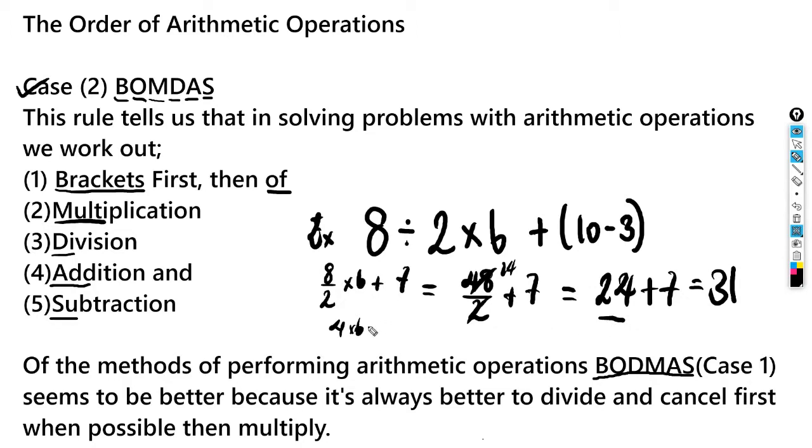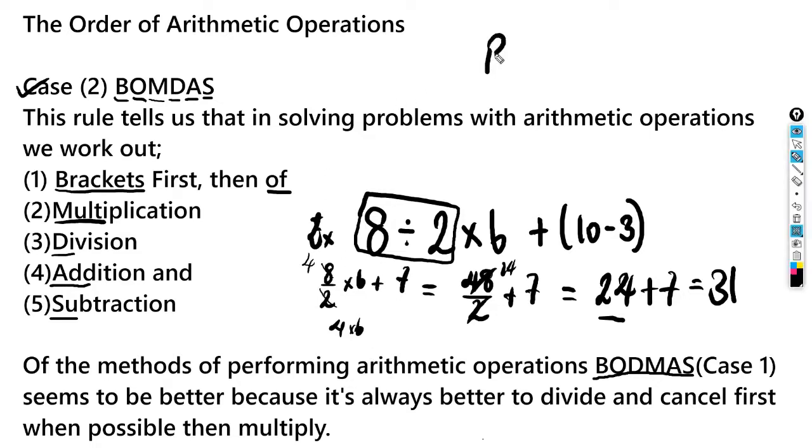It was a little easier to just divide first and not have to worry about 6 being multiplied by 8. It really is better to divide first and cancel first. We could just say 2 into 8 would give us 4 and cancel first instead of multiplying first. So I agree with this.